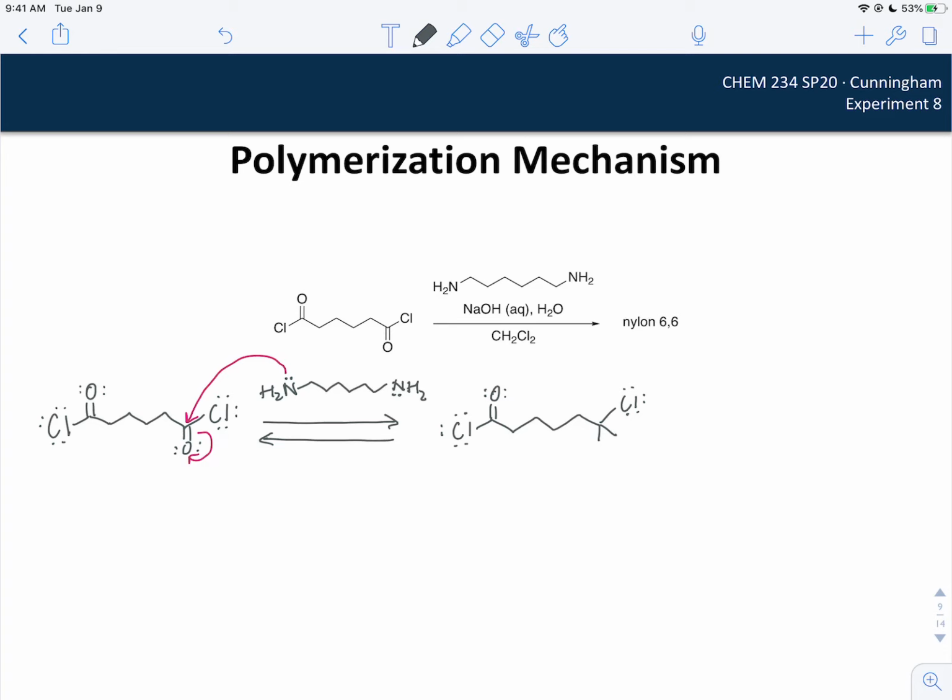We'll go ahead and take a look at what those products look like. It's again a good idea to count your carbons, make sure you've got everything right before you move much further.